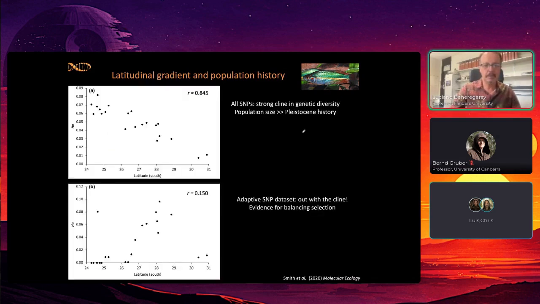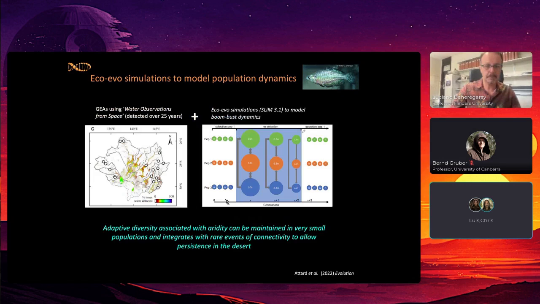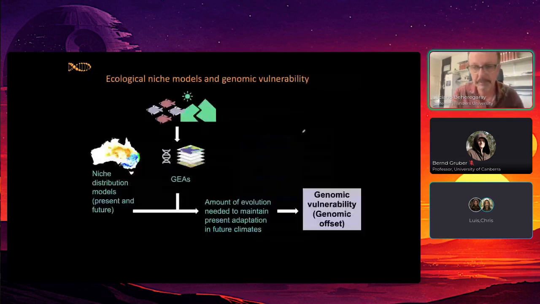I'll jump now into my very last case study because I'm running out of time. So everything that I mentioned to you so far is looking at recent influences of environmental variation, recent footprints of selection. So we're looking at contemporary patterns of selection, adaptive diversity these days.